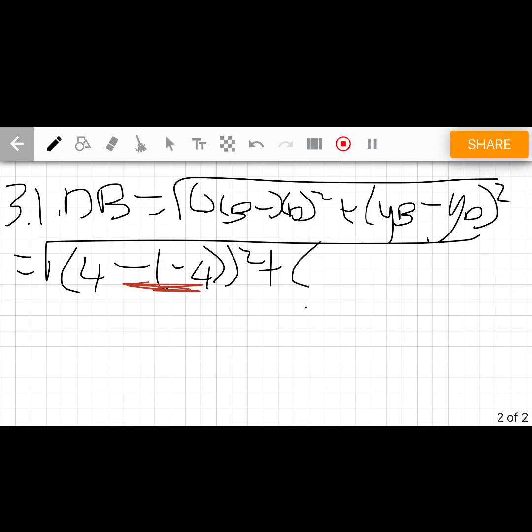Then plus y of B is negative 4, and y of D is 2, squared.